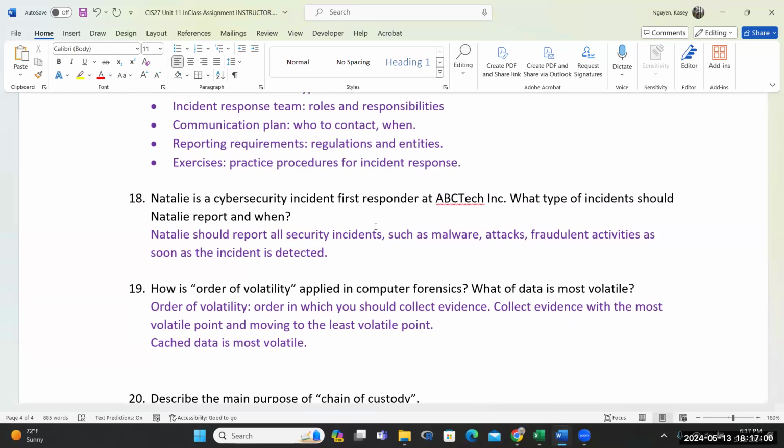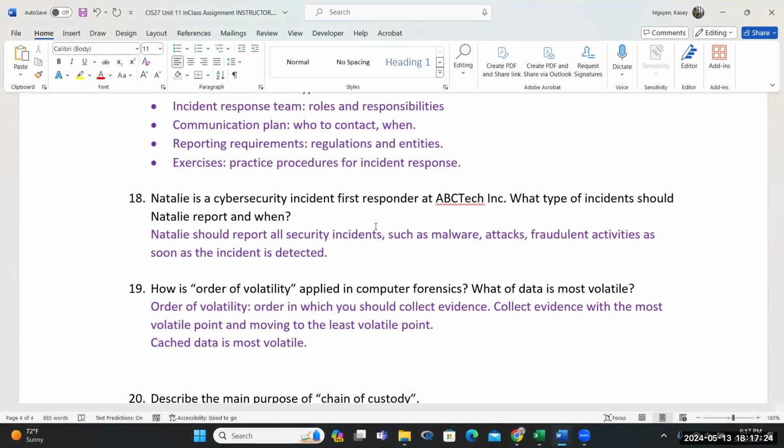Okay, so we're gonna touch a little bit on forensics today. Forensics plays a really important role in incident response because it is a way for us to go back and find out what had happened to that system or that person at that moment in time.